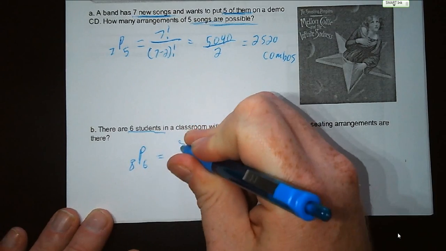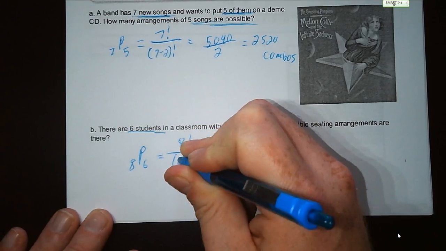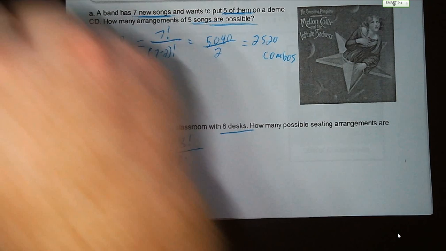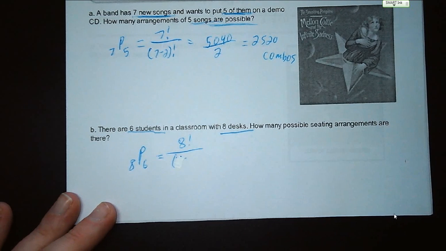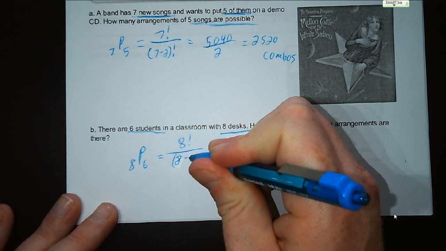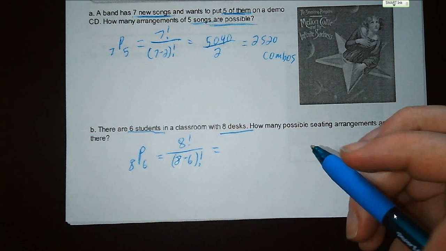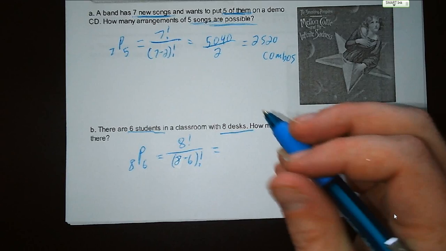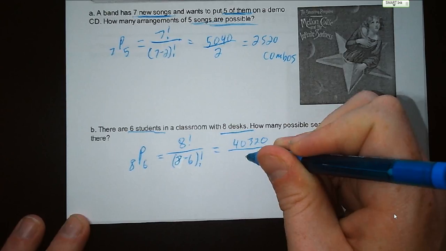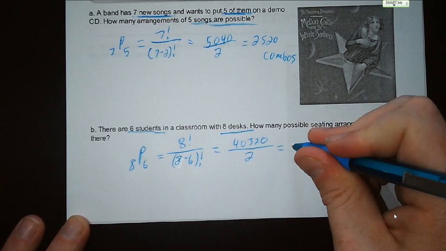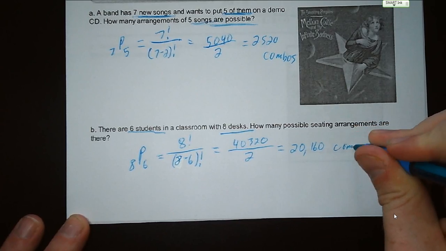So it'll be 8 factorial over 8 minus 6 factorial. And that is going to be 40,320 over 2, which gives us 20,160 different seating charts.